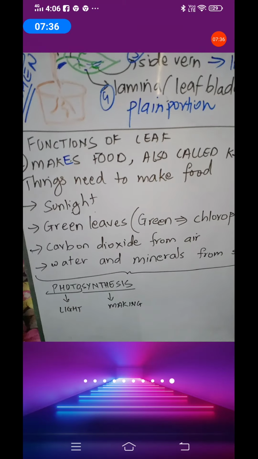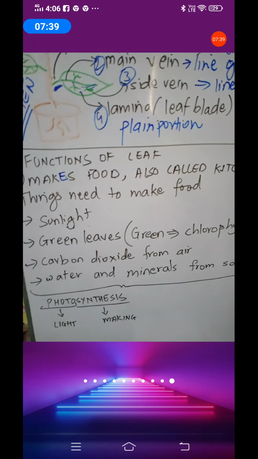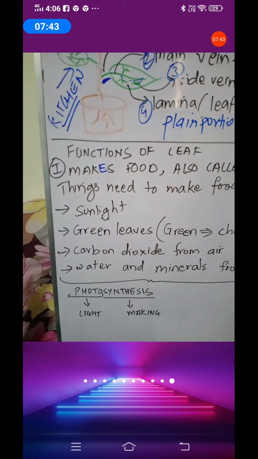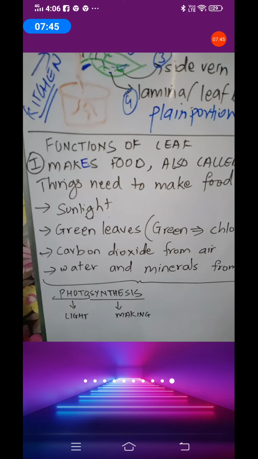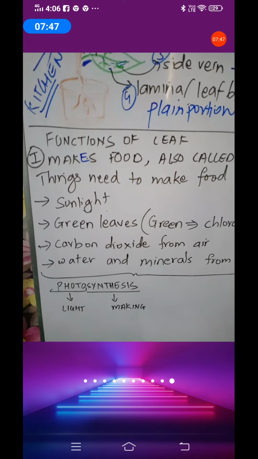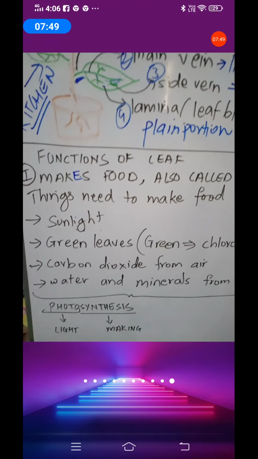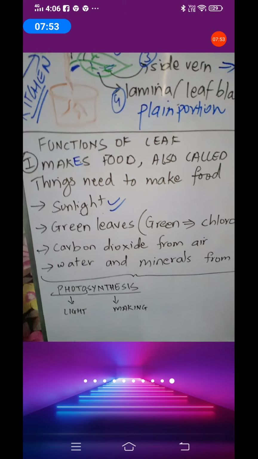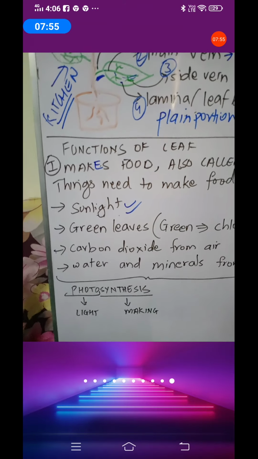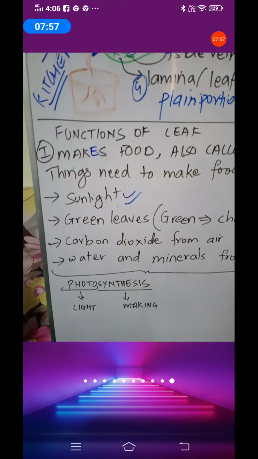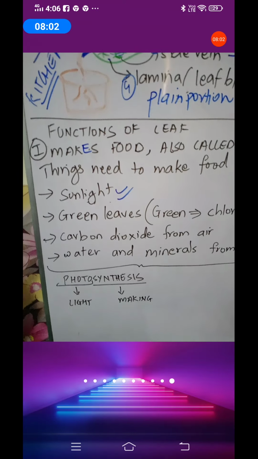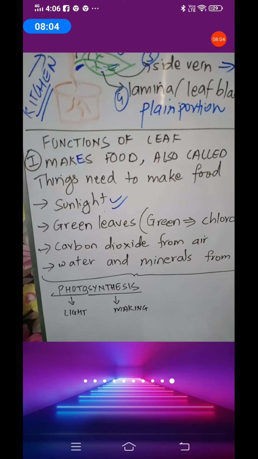If mama needs to make pizza, chapati or curry, whatever, she definitely needs fire, heat, gas, stove. Similarly, when the green leaves are making the food for the plant, obviously they need sunlight, because heat is required.